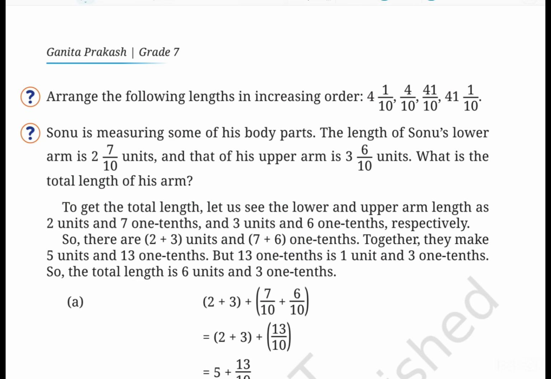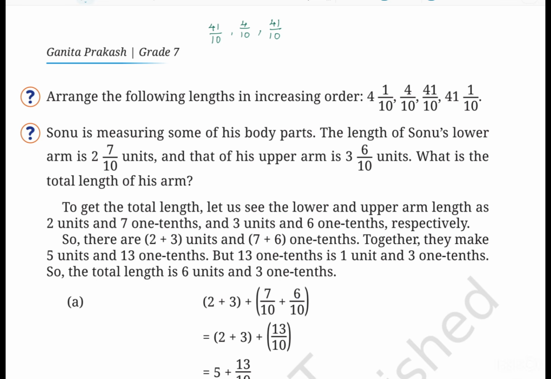Arrange the following lengths in increasing order. So 4 tenths can be written as 4 by 10, and then 41 by 10.